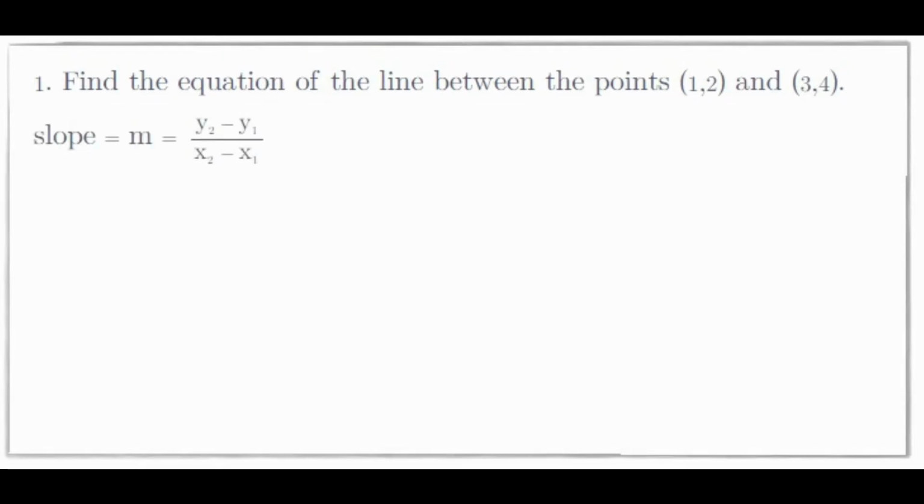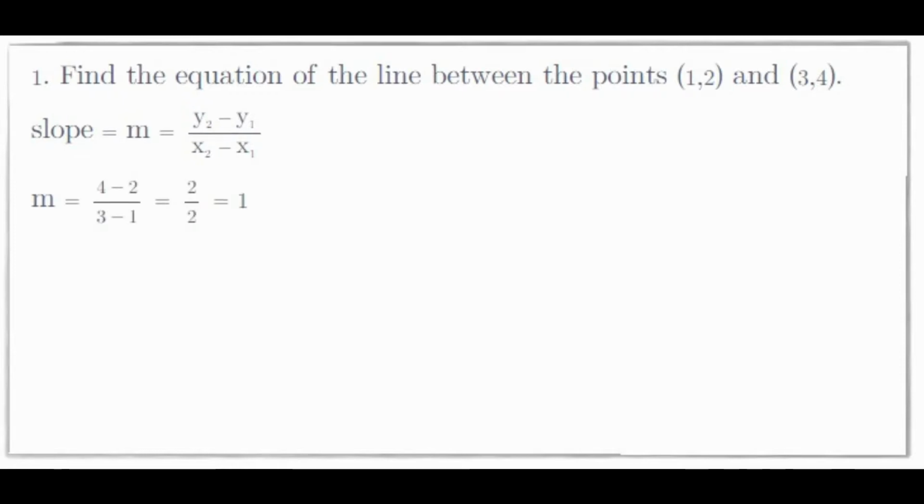We can start by finding the slope of the line. We can decide that the first point (1, 2) is (x1, y1), and the point (3, 4) is (x2, y2). Then to find the slope, we can subtract y2 minus y1 and divide by x2 minus x1.